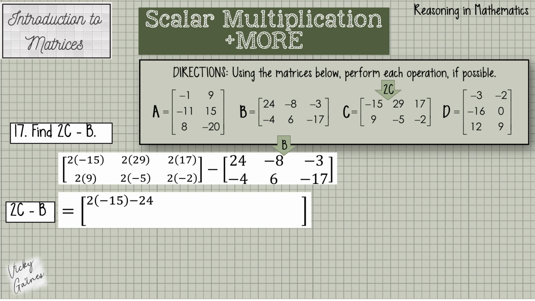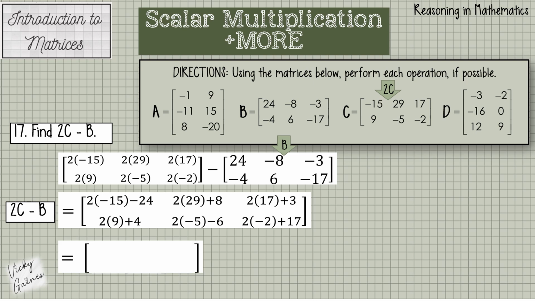So 2 times negative 15, that's the element in 2C, minus the 24, because we're subtracting B. 2 times 29 minus the negative 8, which is the same as plus 8. 2 times 17 minus the negative 3, which is the same as plus 3. 2 times 9 minus the negative 4, which is the same as plus 4. 2 times negative 5 minus 6. And 2 times negative 2 minus a negative 17, which is the same as plus 17.